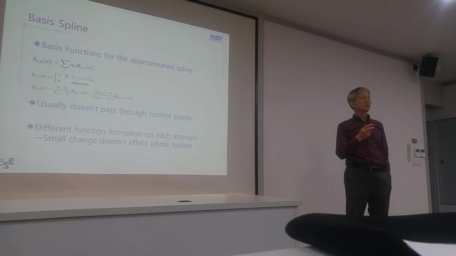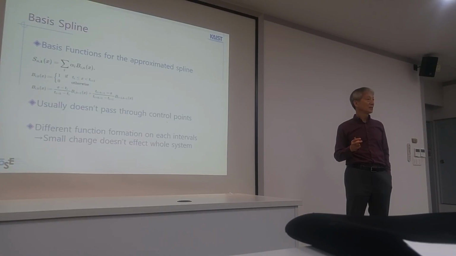So simply said, this is a weighted sum of control points. The weighting factor is alpha, right? Alpha is changing for each control point. So if you change this, we call this a basis function.